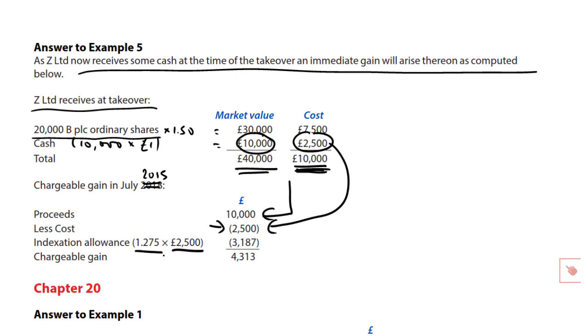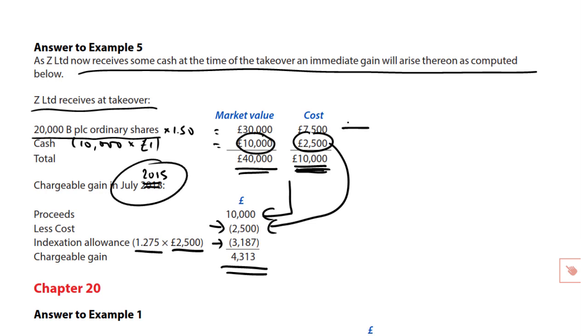This date of takeover, July 15, is before December 17, so we apply the relevant indexation factor. Compute and deduct that indexation and bring yourself down to what hopefully, numbers permitting there, will be your chargeable gain. That will happen at the time of takeover back in July 15.